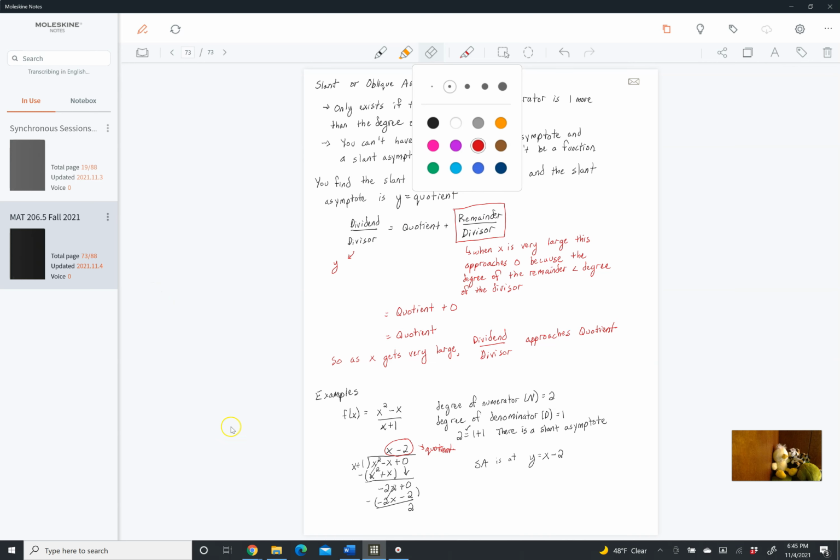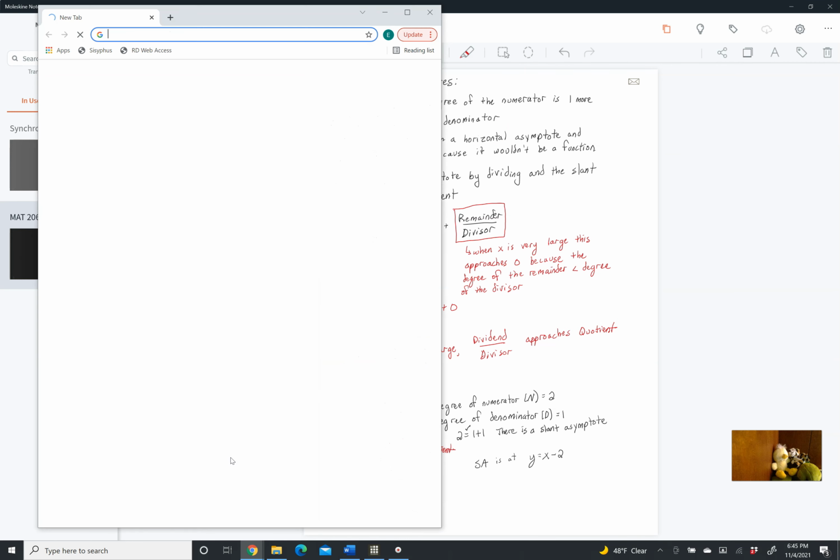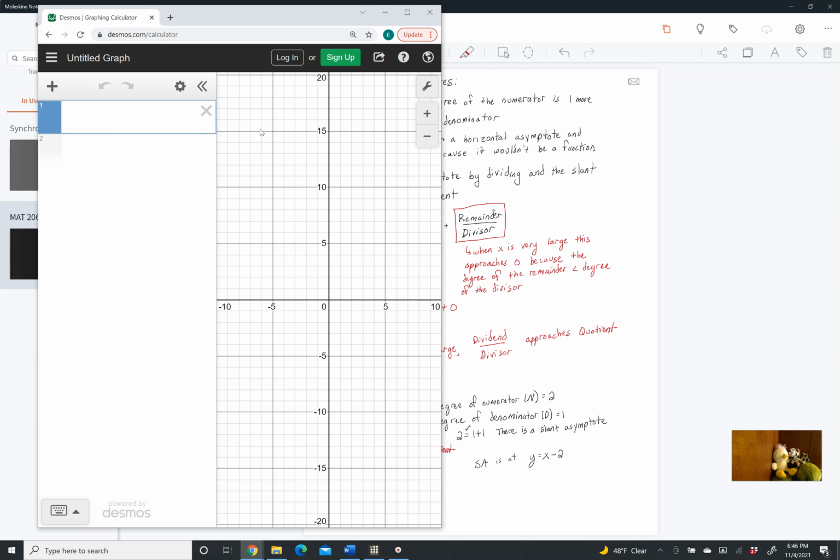And just so that you see what this looks like on a graph, let's graph it. So we have x squared minus x divided by x plus 1.